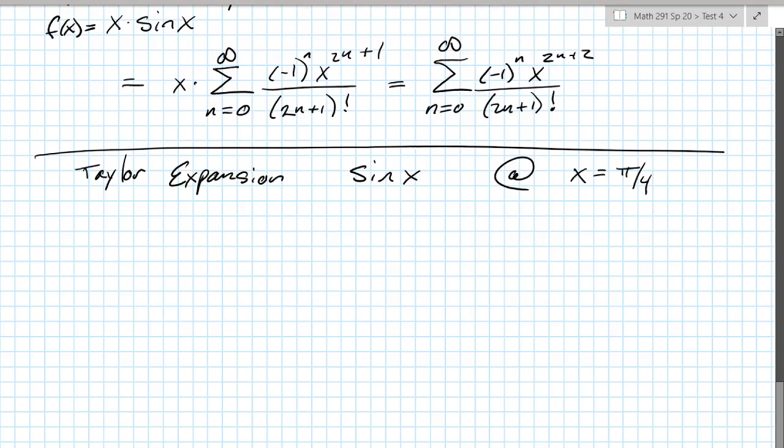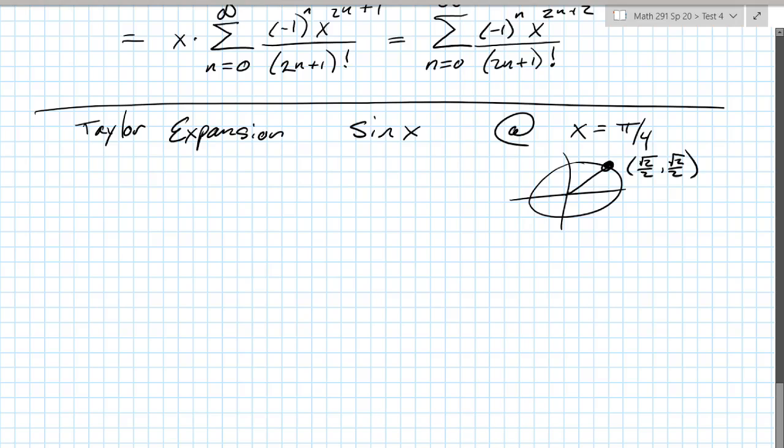So in order to do this, we need our nth derivatives evaluated at pi over 4. Let's do a quick unit circle. Here's pi over 4, so our point is square root of 2 over 2. So all of our sines of pi over 4 will be square root of 2 over 2, and all of our cosines will be square root of 2 over 2 as well. This might end up to be too easy, but we'll see.